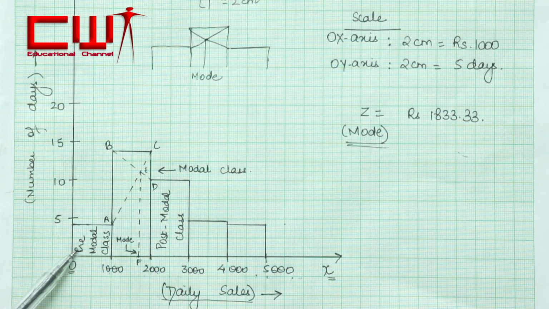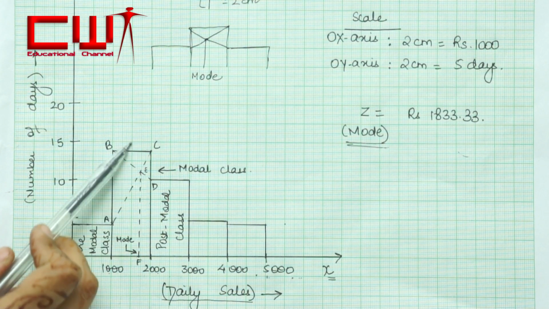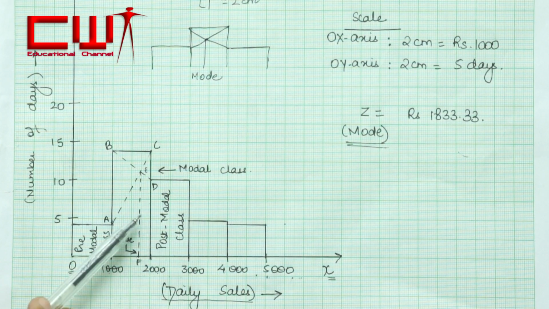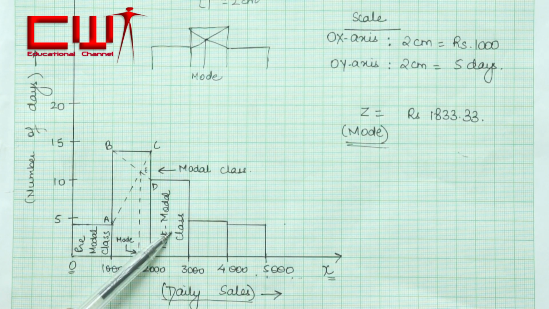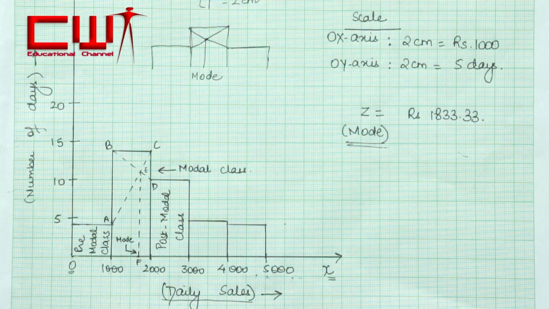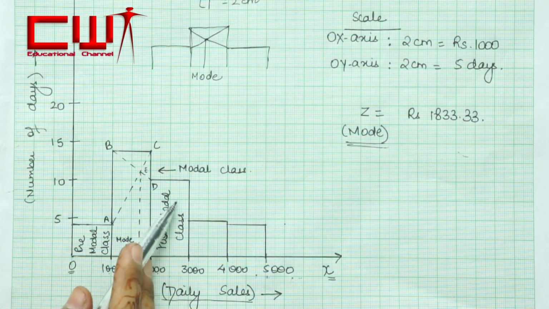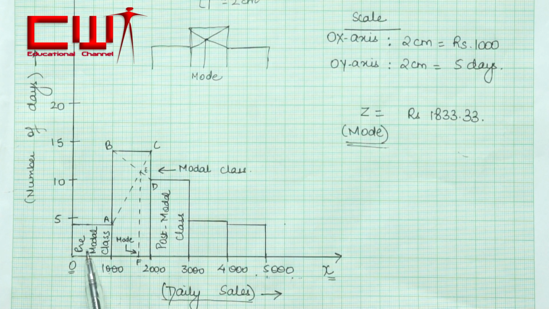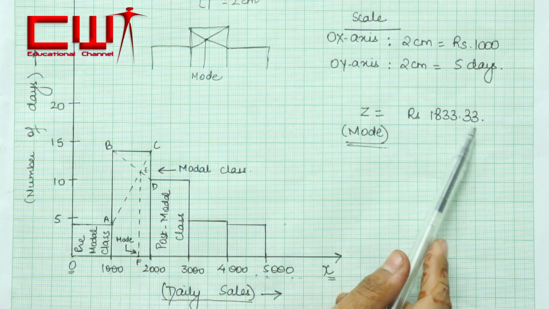Note that this is known as the pre-modal class. This bar is known as the modal class, and the third bar that is adjacent to this on the right side is known as the post-modal class. P-O-S-T, post, M-O-D-A-L, modal, and C-L-A-S-S, class. So this is the modal class bar. Left to it is the pre-modal class, and right to it is the post-modal class bar. And our mode is coming out to be rupees 1833.33.